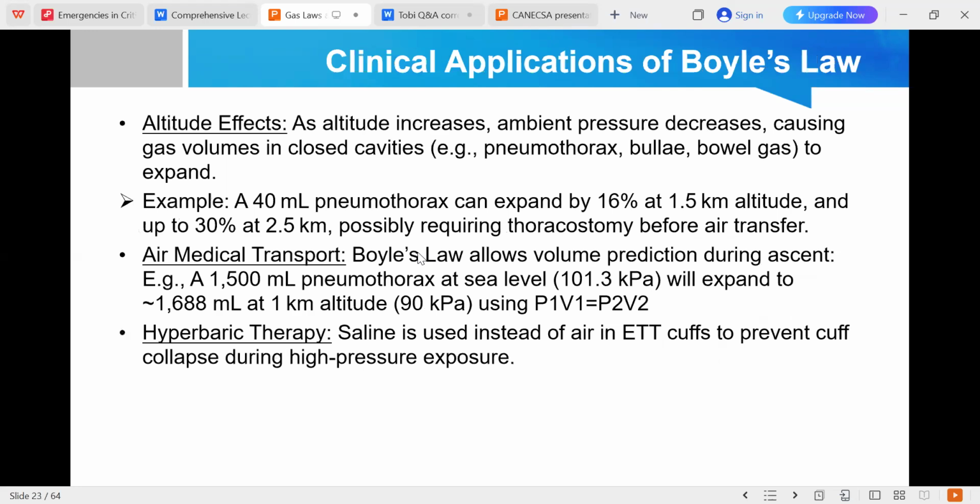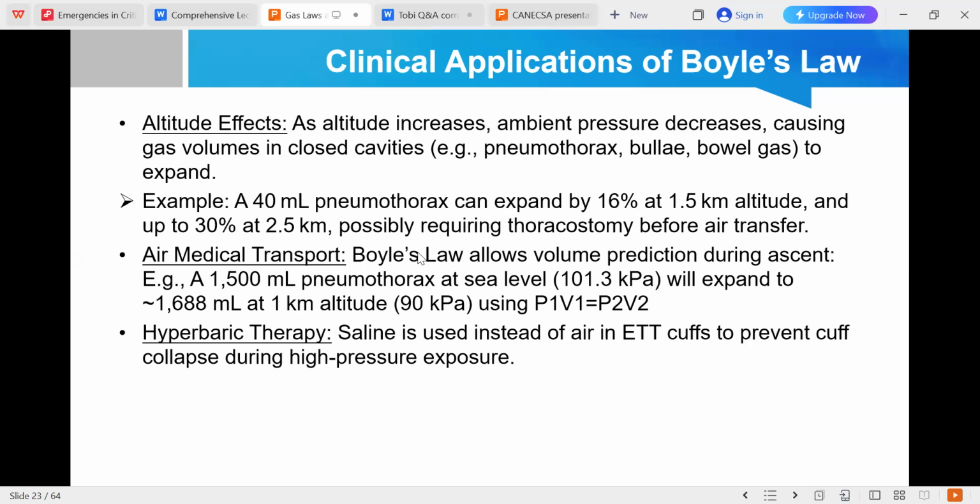For instance, a 40 mm pneumothorax can expand by 16% at 1.5 kilometers altitude and up to 30% at 2.5 kilometers. So for a patient with a pneumothorax that you are transferring by helicopter, you must bear this in mind. And because of this possibility, you may want to decompress or do a thoracostomy before air transfer.